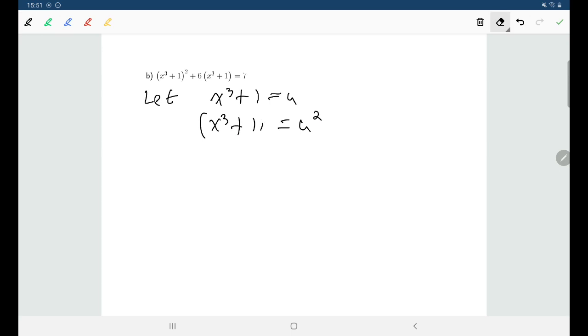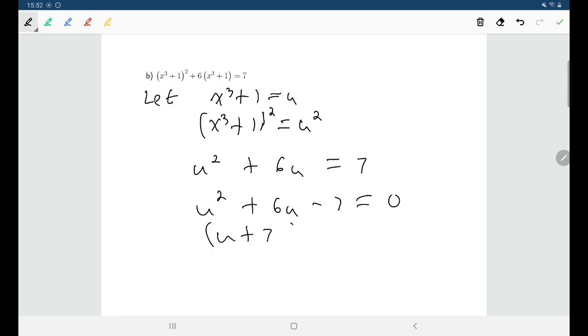And so that means I'd be able to transform this from being kind of quadratic in form into being an actual quadratic equation. I would have u squared plus 6u equals 7. And now I just need to solve. Bringing the 7 to the other side, factoring.